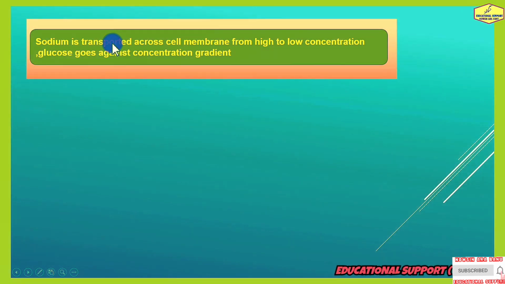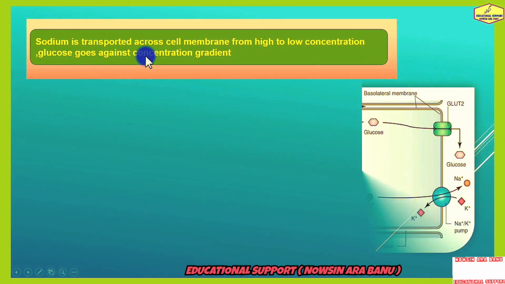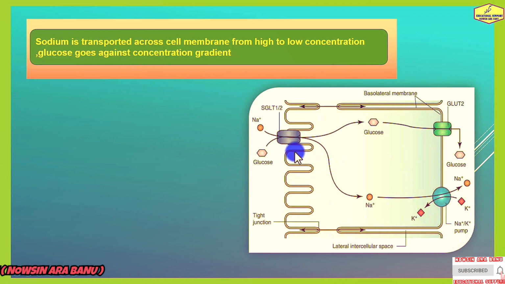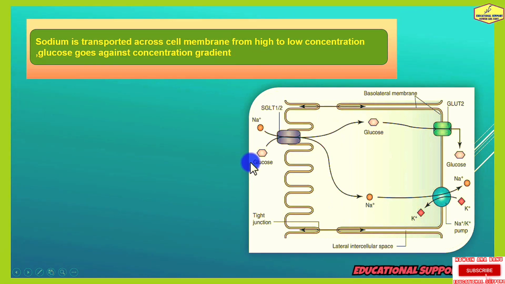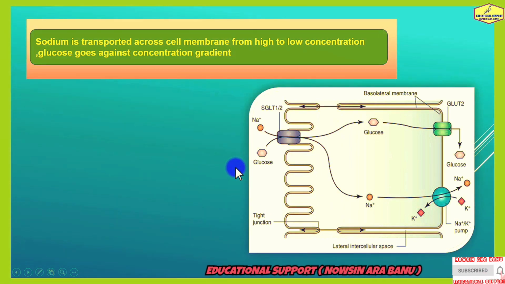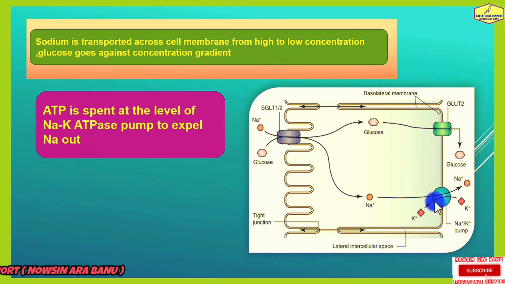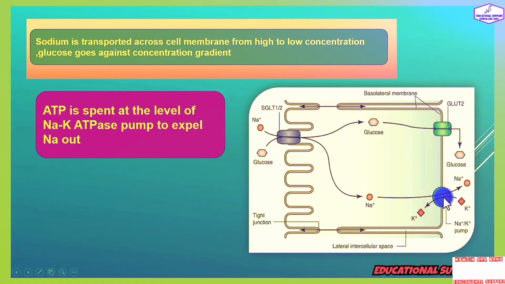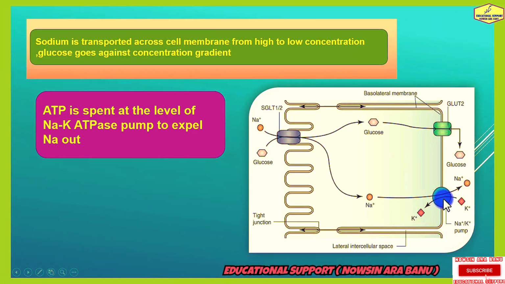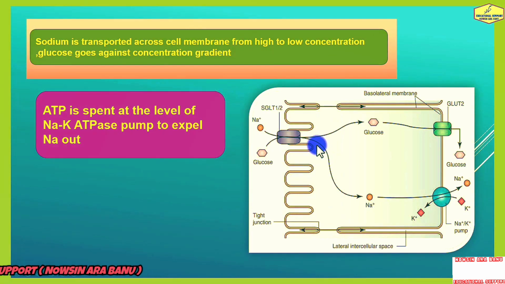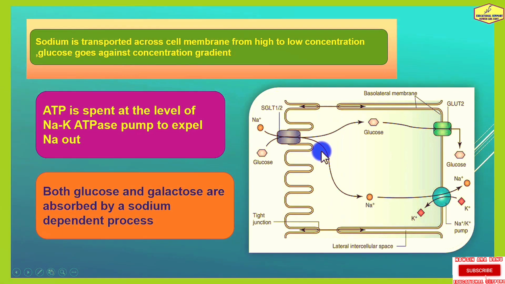Sodium is transported across the cell membrane from higher to lower concentration, and glucose is transported against its concentration gradient into the proximal tubule epithelial cells. ATP is used to pump sodium out via the sodium-potassium ATPase pump, and glucose diffuses down its concentration gradient into the interstitium.